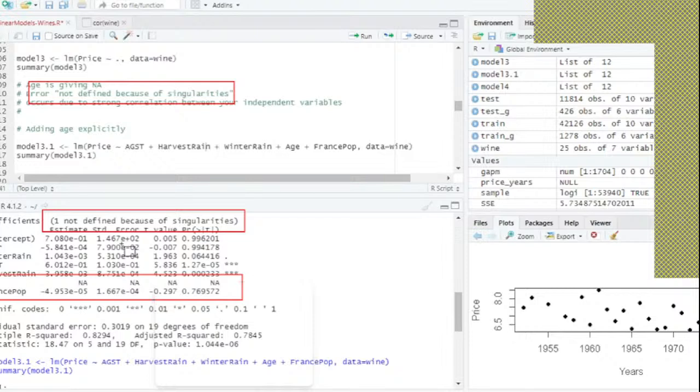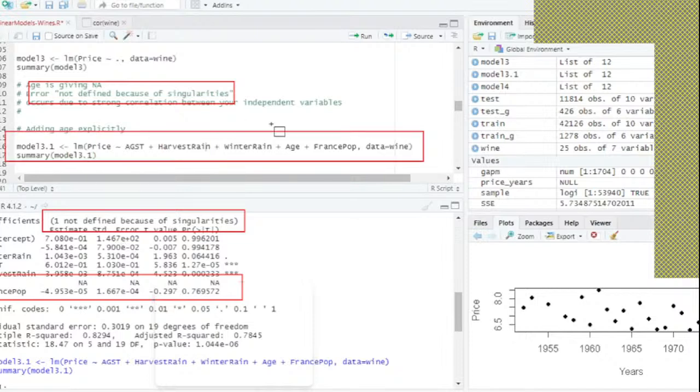So these two, age and France population, are correlated. Unless you ask it specifically, here I am asking R's linear model to specifically include both of them. There I just used a dot, so it has given me this message, one not defined because of singularities, meaning that because of correlation between them, it has not included one of the variables.